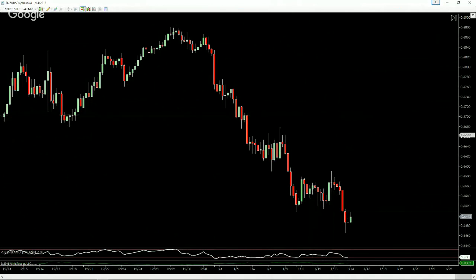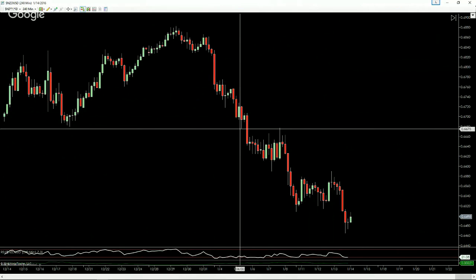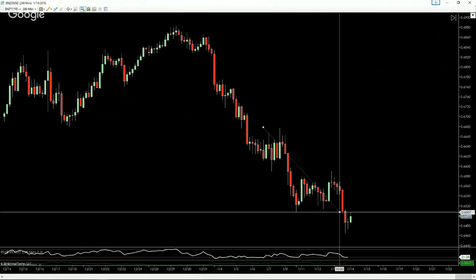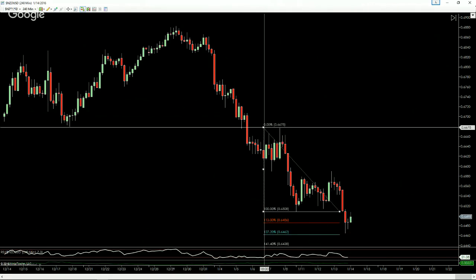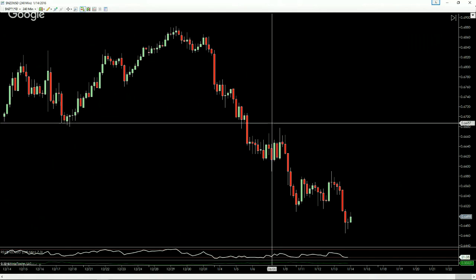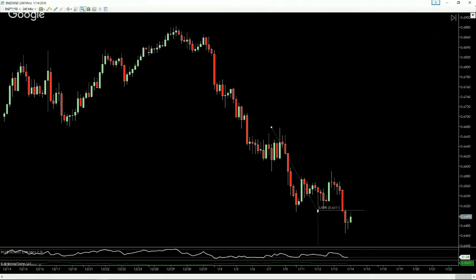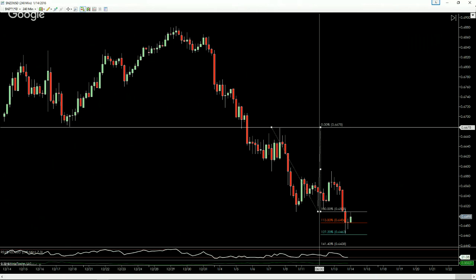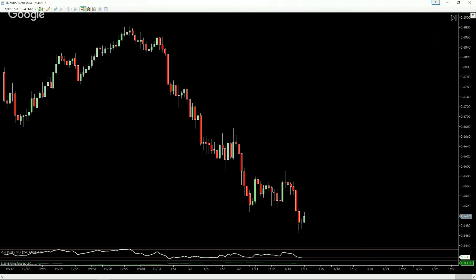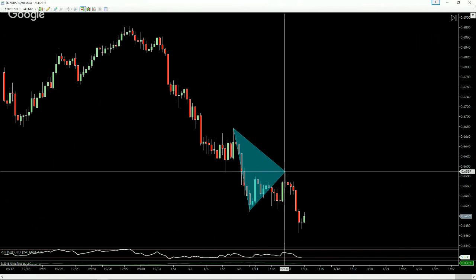240. Let's see. There could be a Cipher pattern that's forming right there.